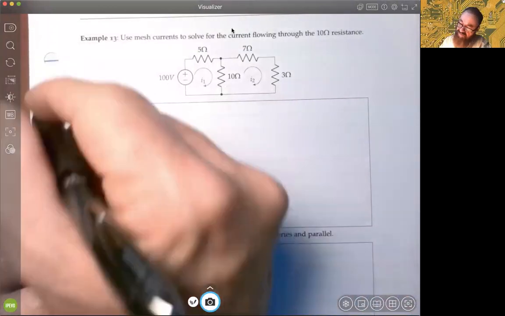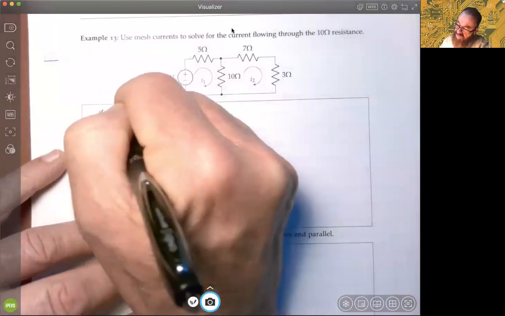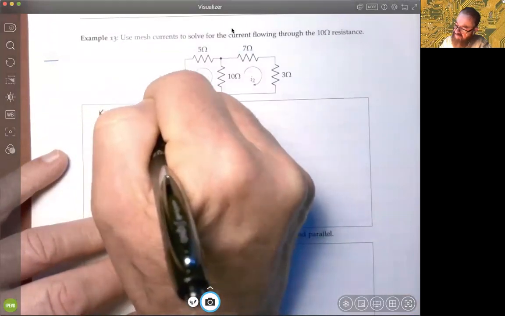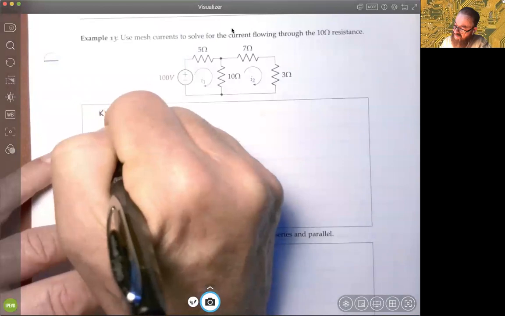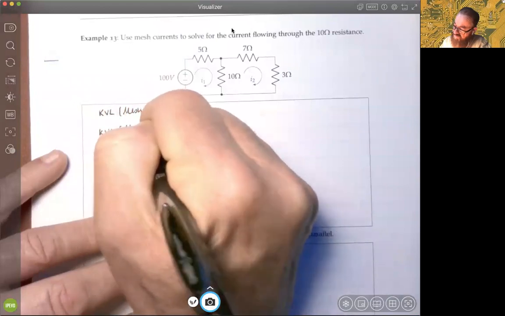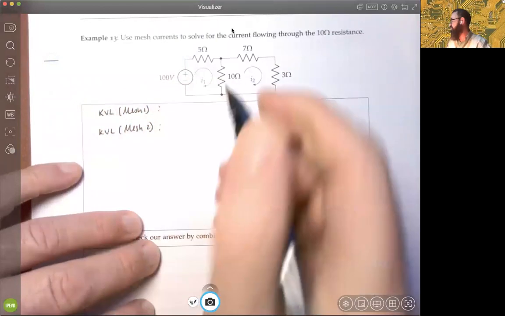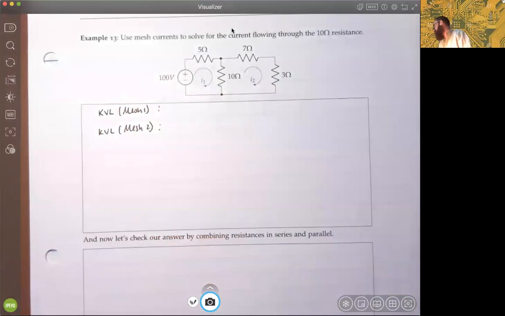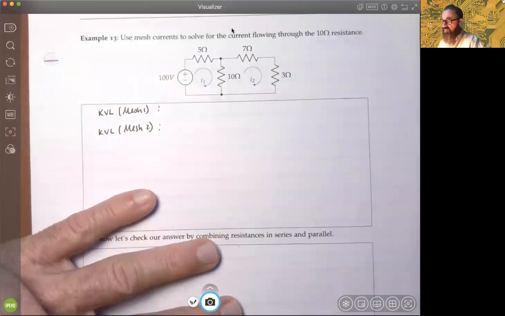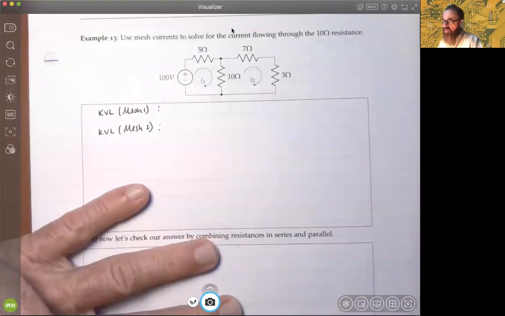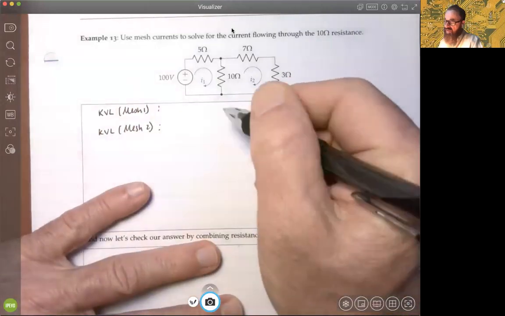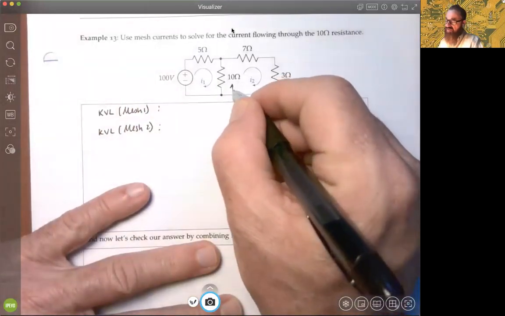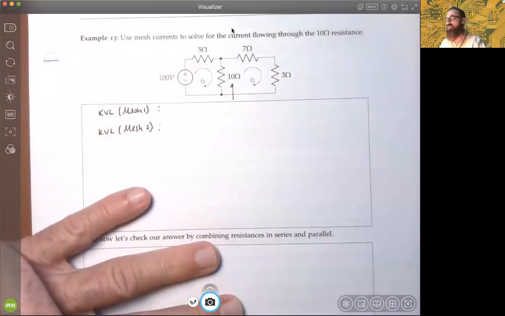So let's just start off and do your KVL for mesh 1, and then you'll do a KVL for mesh 2, and see if we can then use that and maybe other information to figure out how to solve for the current flowing through the 10 ohm resistance. So this is the target, the current through that 10 ohm resistance, right?